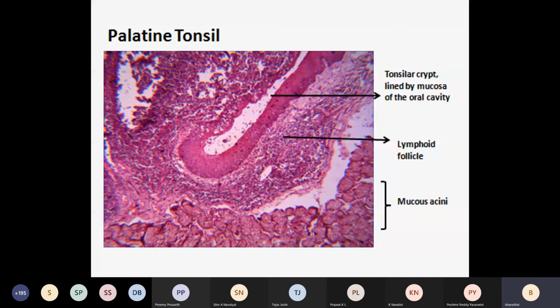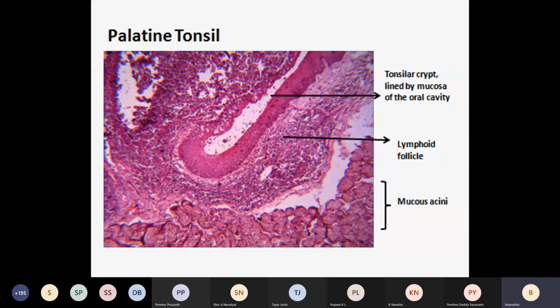Waldeyer's ring is a primary defense present in the oral cavity and air passages. This much you have to write about the palatine tonsil. Usually it will be asked as a short answer topic, not as a short essay, so you only have to cover these points.